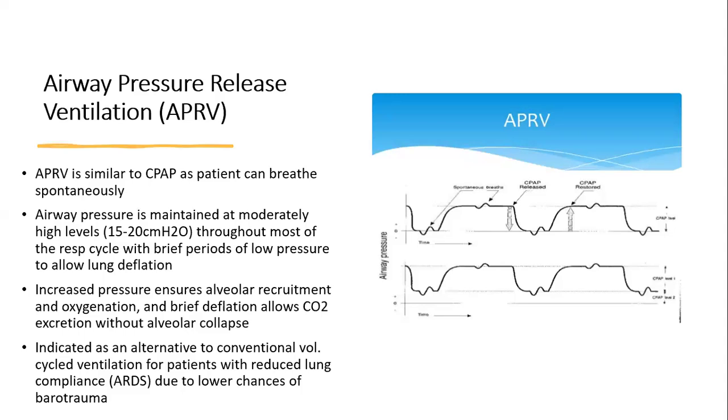Increased pressure ensures alveolar recruitment and oxygenation, and a brief deflation period allows for CO2 to be exhaled. This is indicated as an alternative to your conventional volume control ventilation for patients with reduced lung compliance, because it allows brief periods of low pressure to allow for exhalation of carbon dioxide.